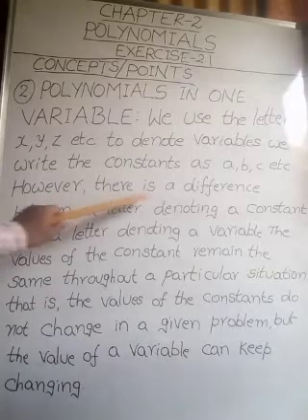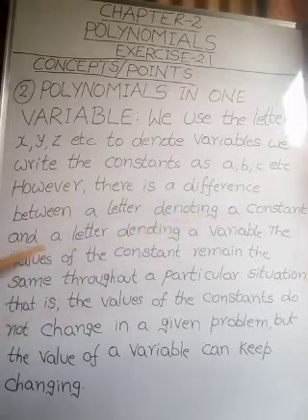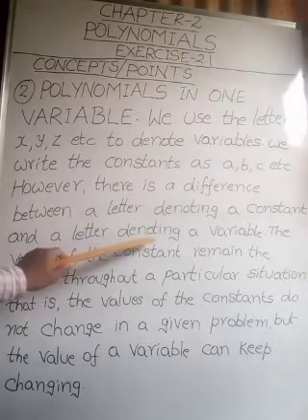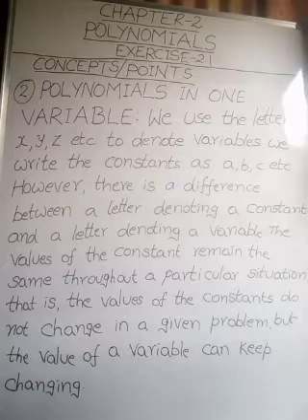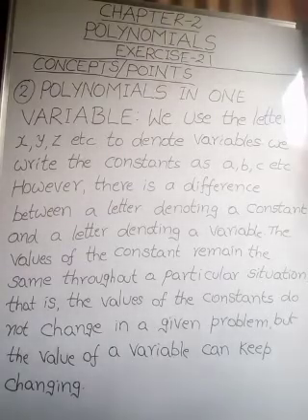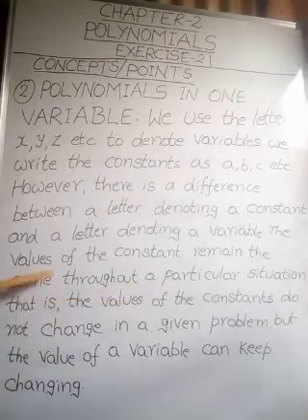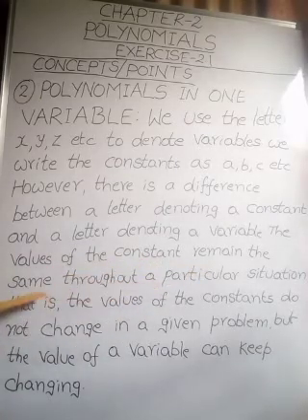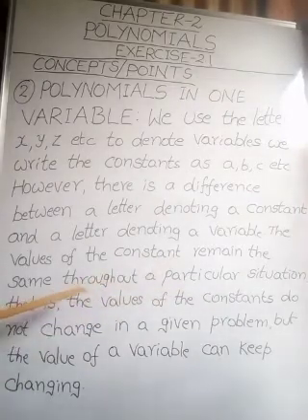However, there is a difference between a letter denoting a constant and a letter denoting a variable. x, y, z always denote variables, whereas a, b, c, d, etc. denote constants. The values of the constant remain the same throughout a particular situation.